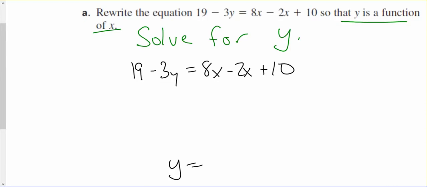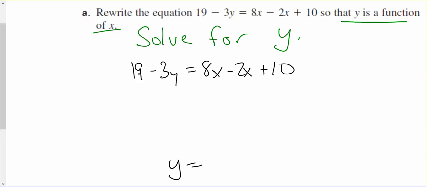We want to get everything except for y on the right side of the equation and just have a 1y equals and everything else over there on the right. So I want to get y by itself. The first thing, we can look at this and say, I've got 8x and negative 2x. Automatically that turns into 6x.